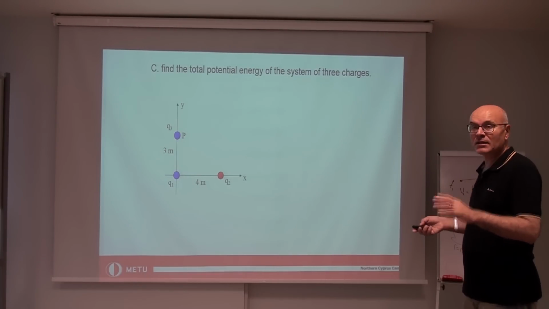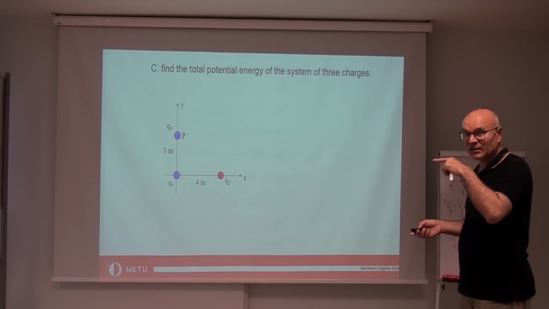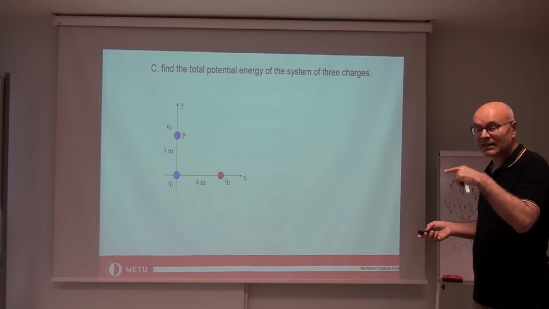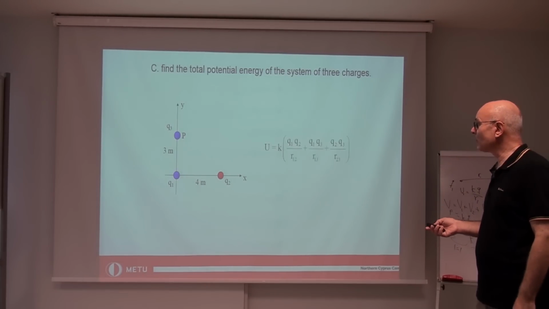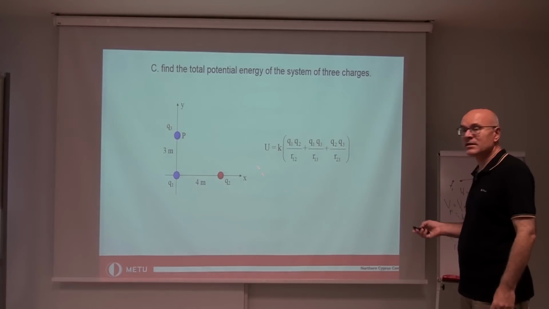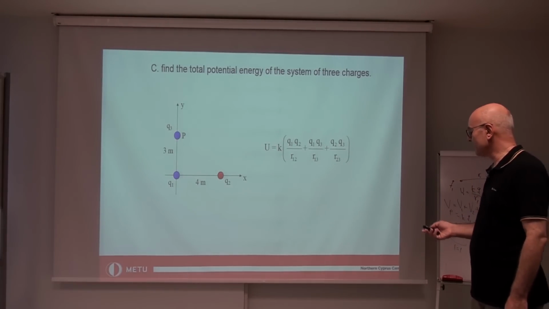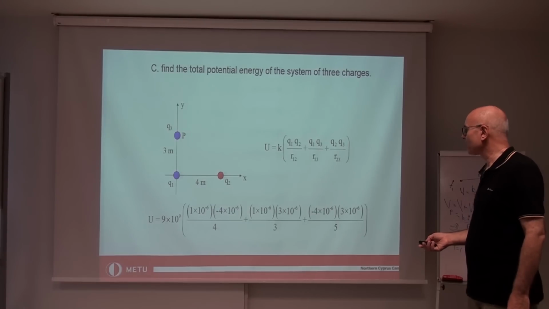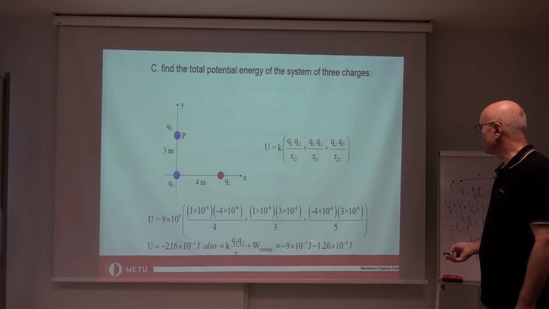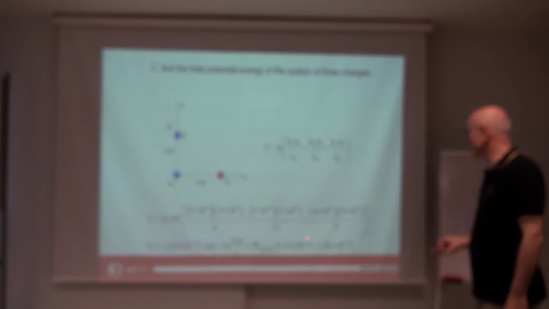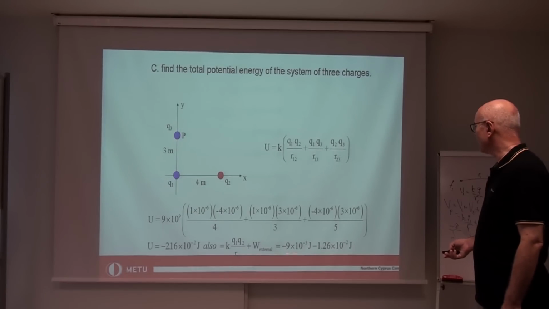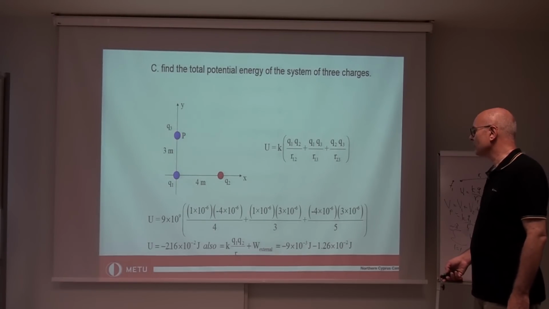This total work done by external force is the potential energy of this system of 3 point charges. The formula is very easy, and you just substitute here. What remains is just enumerate it, and if you enumerate it in this case, then you get this expression, and this is your answer.